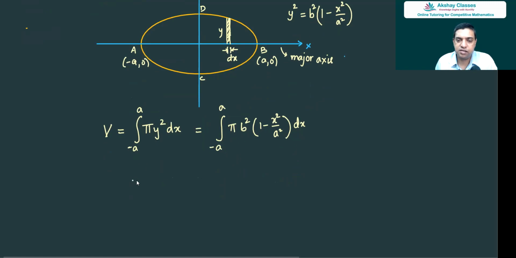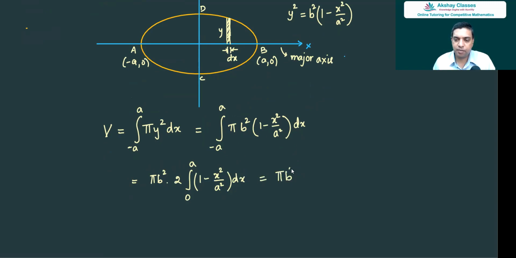When you integrate this, pi b square, and because this is an even function, this will become twice of integral 0 to a 1 minus x square upon a square dx. So pi b square times 2, when you integrate, we get x minus x cube by 3a square from 0 to a.